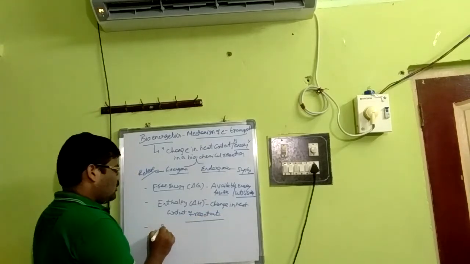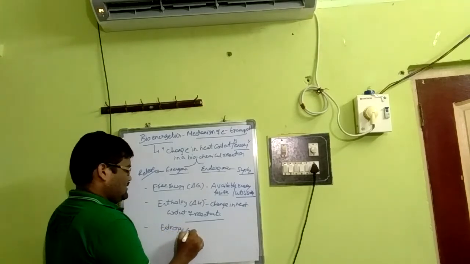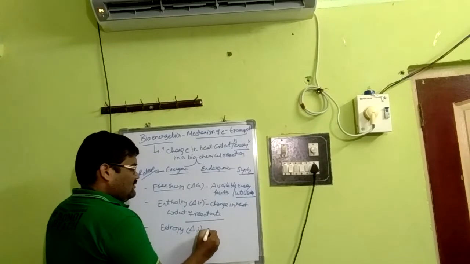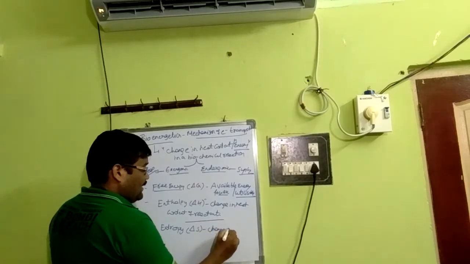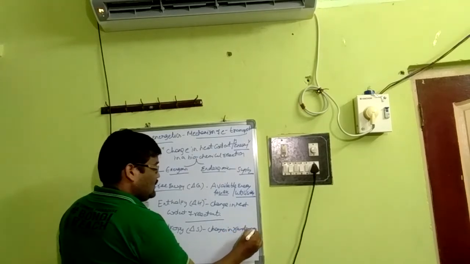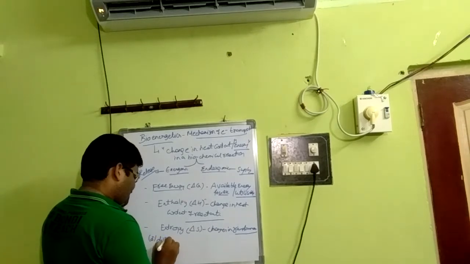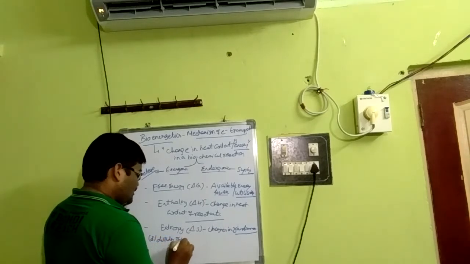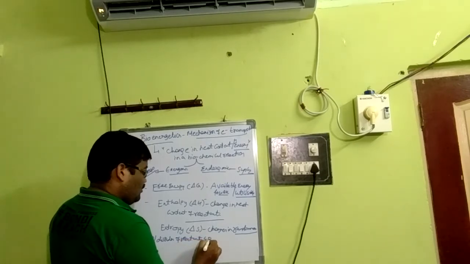Then entropy, which is delta S. It deals with changes in randomness or disorder of reactants and products.